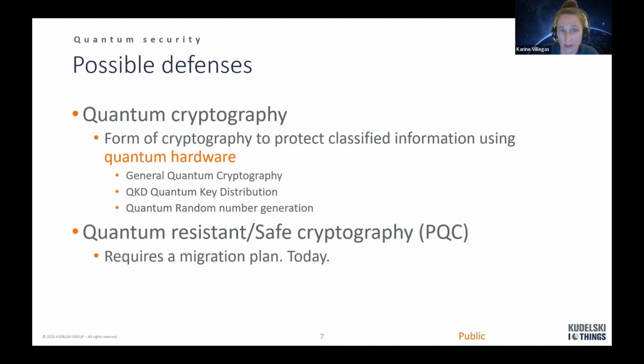So there exist several defenses. The first one, some of which were mentioned, relies on quantum cryptography, but this cryptography needs quantum hardware. So quantum cryptography in general will be valid when in the future we would like to communicate between two quantum computers or between quantum hardware.